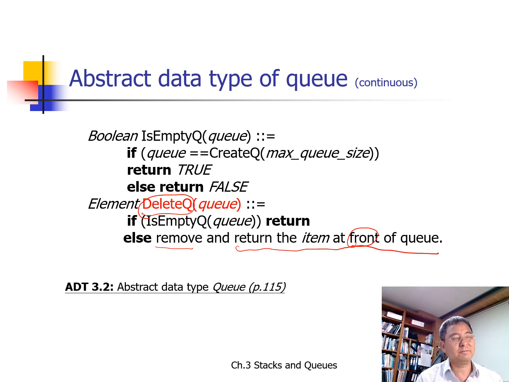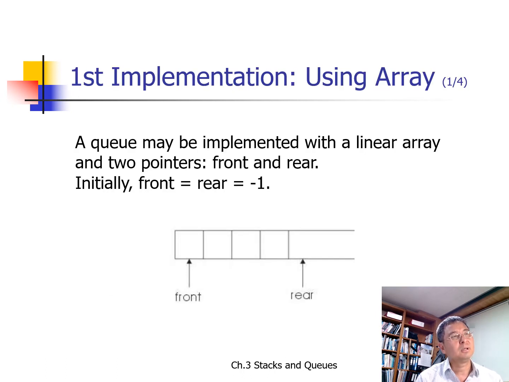So it is defined as pseudocode, and you can implement this pseudocode in C language now. You can think of many designs and implementations of queues, but the simplest one is using an array. So a linear array can be used to implement queues, with two pointers, front and rear.